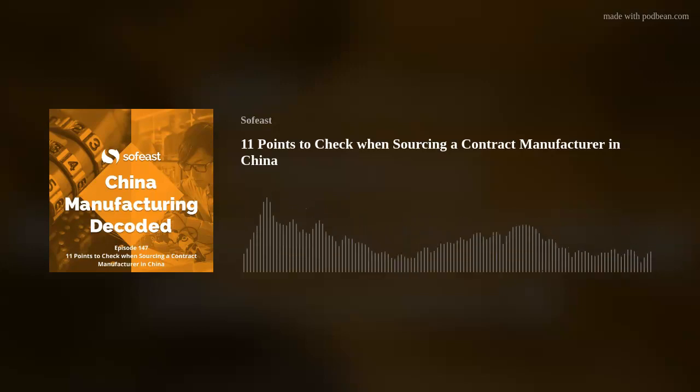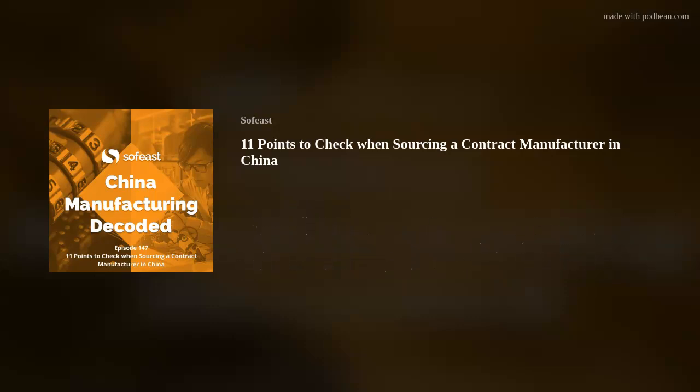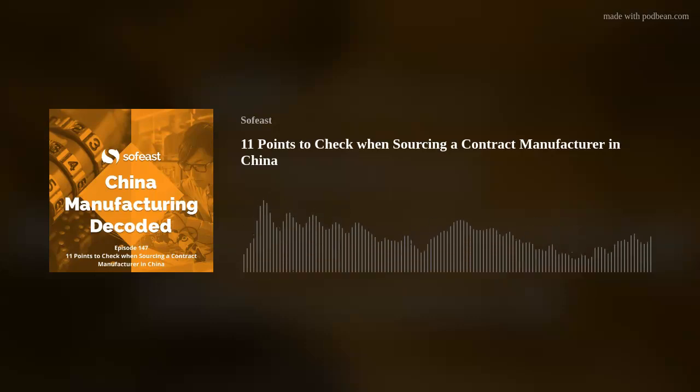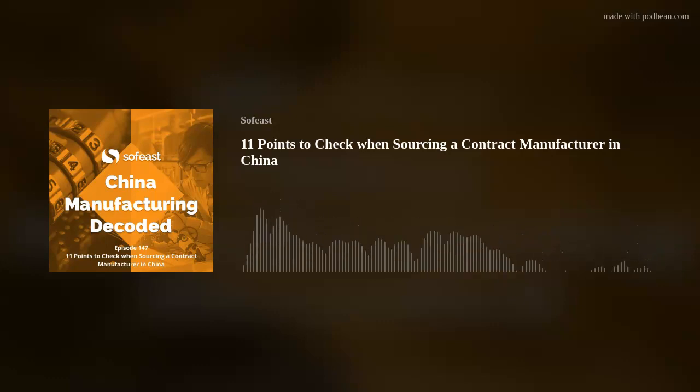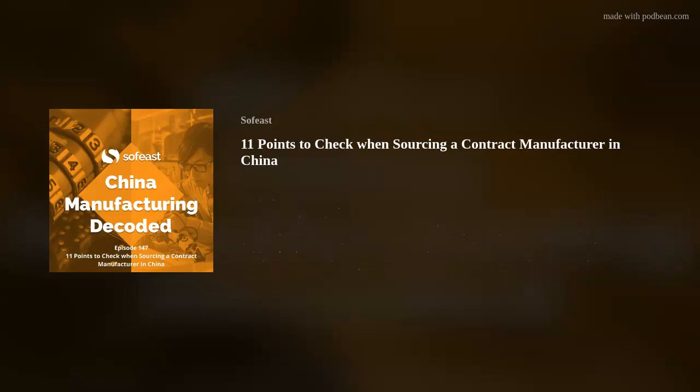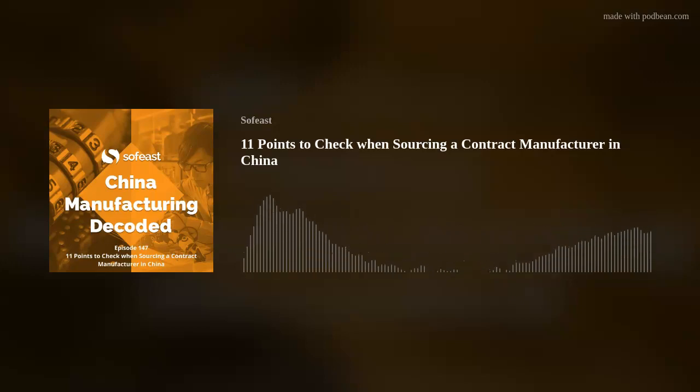Okay, so think about all this. Don't come in with preconceived notions about what a factory is supposed to look like and how they're supposed to be organized. Go in there with your eyes open. The good thing is that right now, China is opening. Things are a bit delayed.